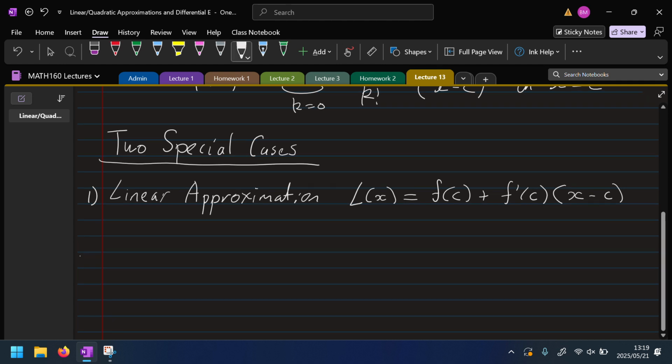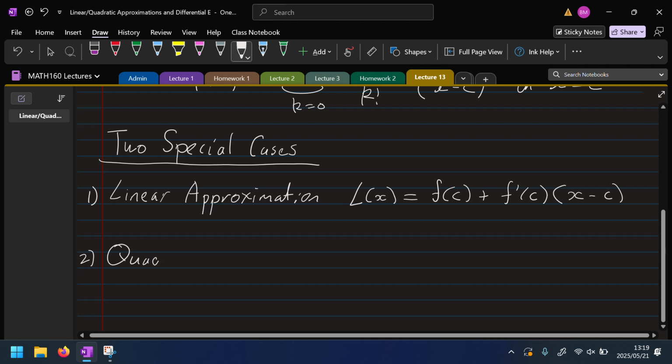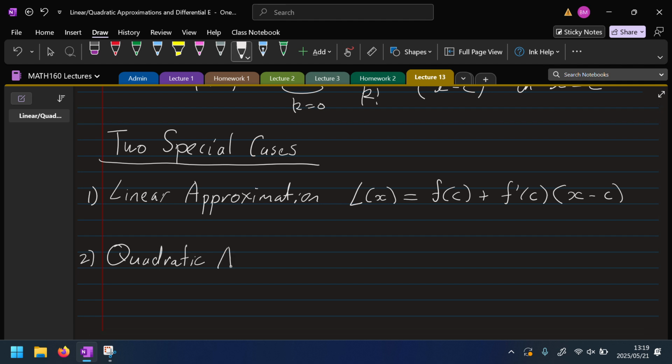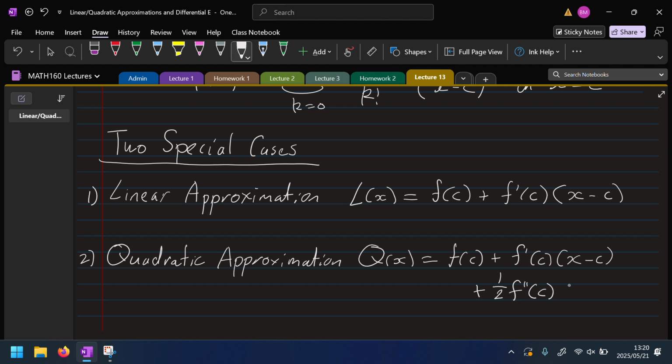And then the second special case is the quadratic approximation. This special case is given the name Q for quadratic. Now we only go up to n equals 2 because it's quadratic. So this will be f at c plus f prime at c, x minus c, and now we go up to the quadratic term, so plus 1/2 f double prime at c, x minus c squared.